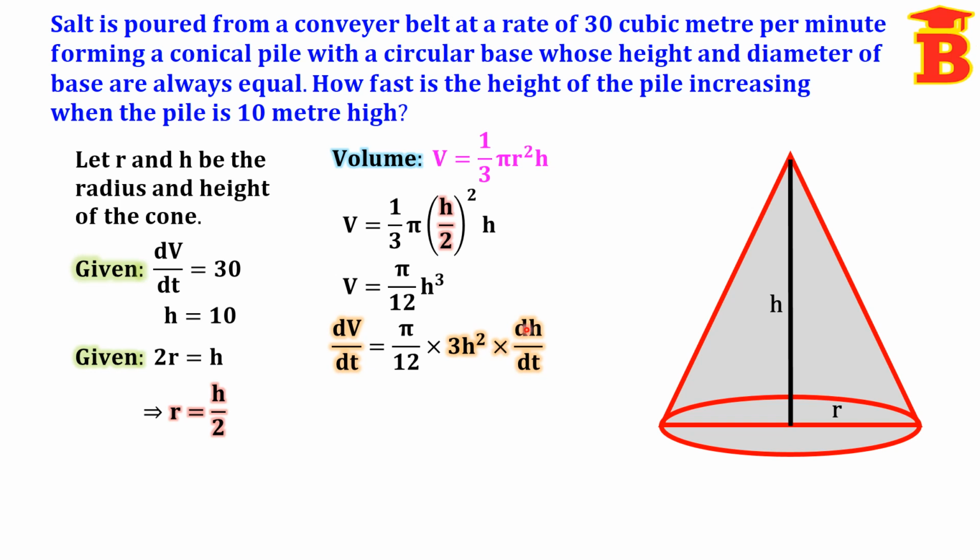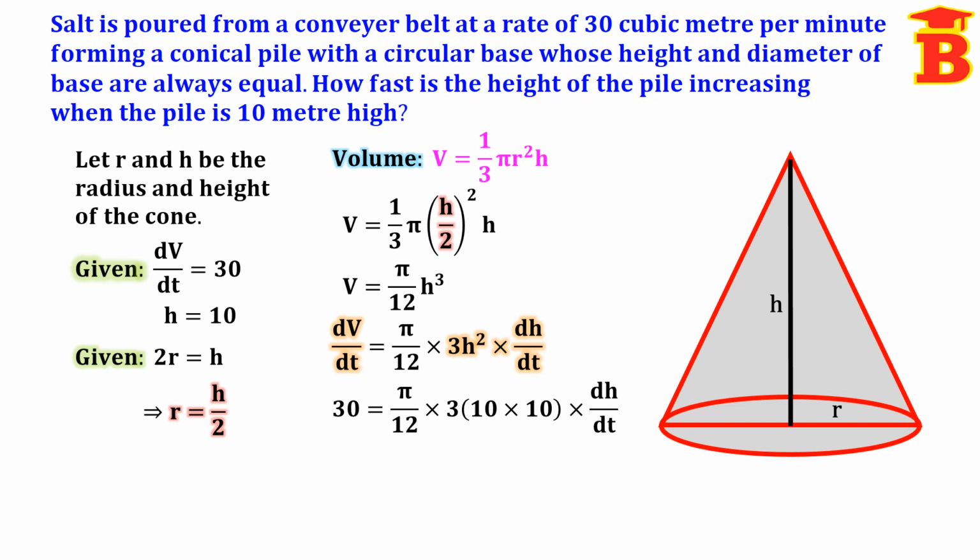So into dH by dt. Now substitute all the values. Left side dV by dt is 30 equal to right side, this constant is same, pi by 12 into 3h square. H value is 10. So 10 into 10, into dH by dt.